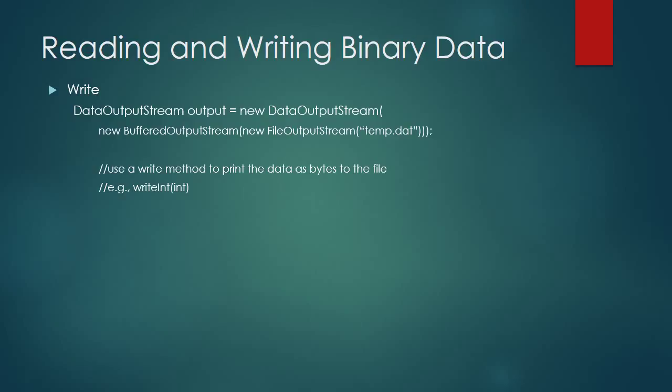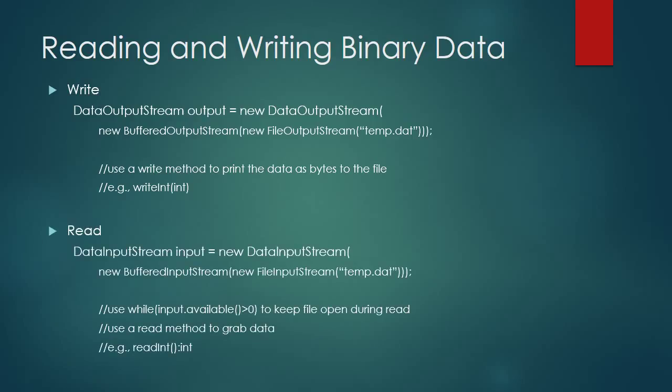Now let's look at read. With the read, I'm going to use the DataInputStream, and again I have that as an argument, a BufferedInputStream, and then inside the BufferedInputStream I have my file pointer object.